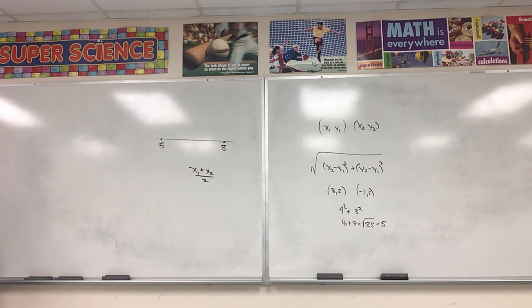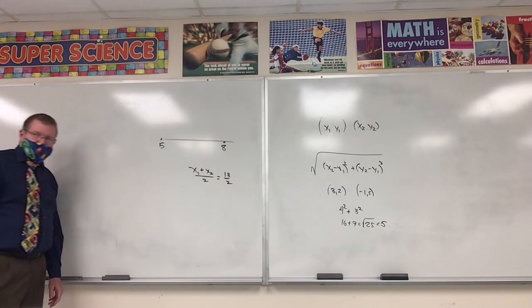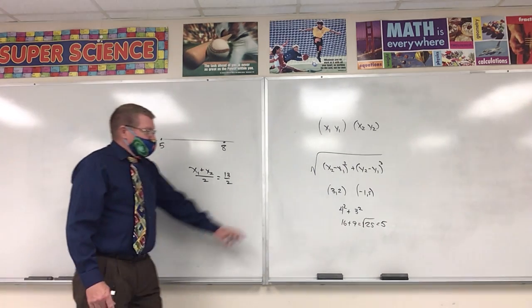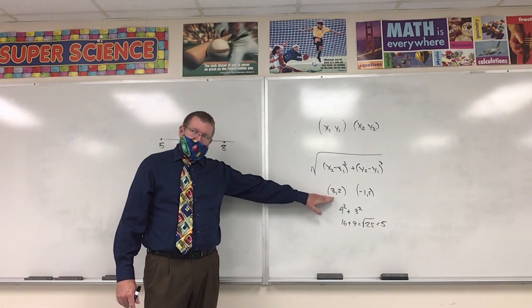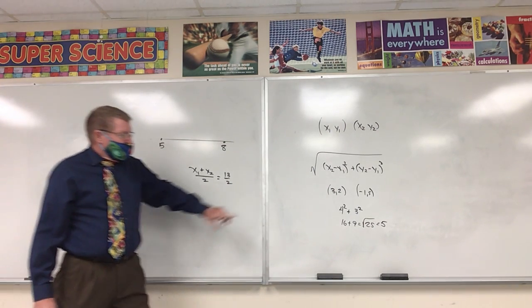So when I add 5 and 8, I get 13 divided by 2, which is 6.5. 13 over 2. Okay. No decimals, no mixed numbers, leave it in proper fraction. So if I was looking for the midpoint between these 2 points, I use this formula, but I use it for the x's and the y's.